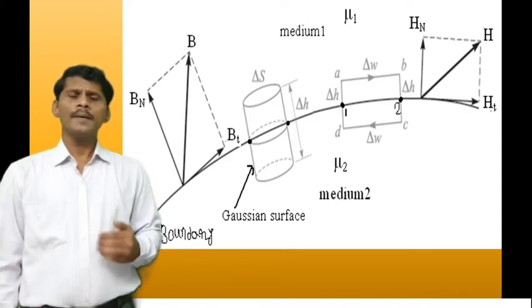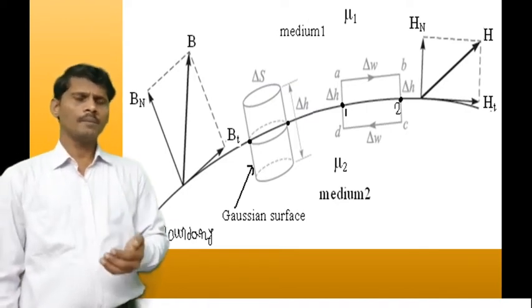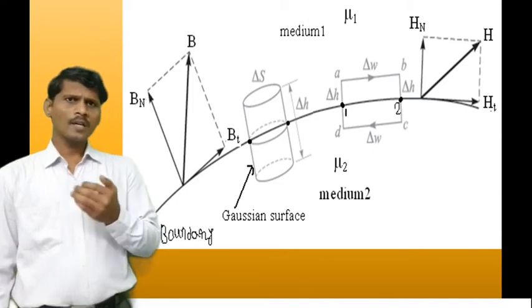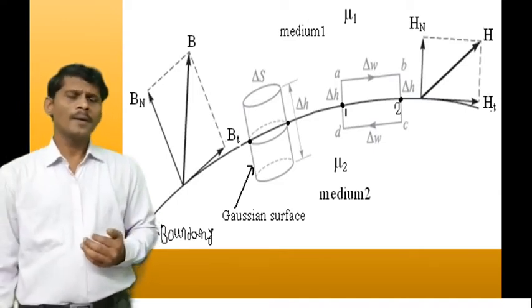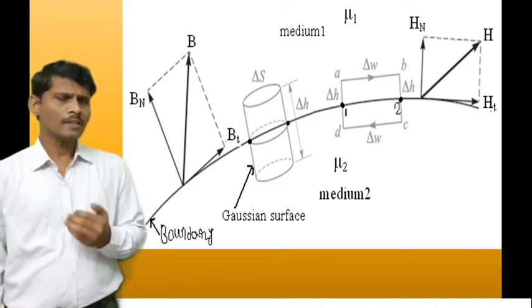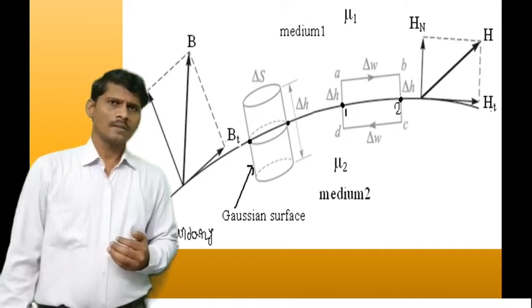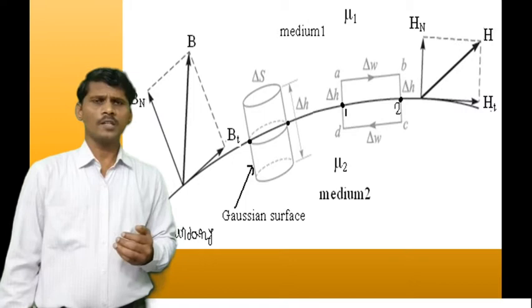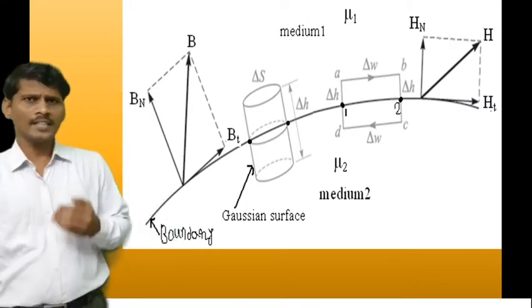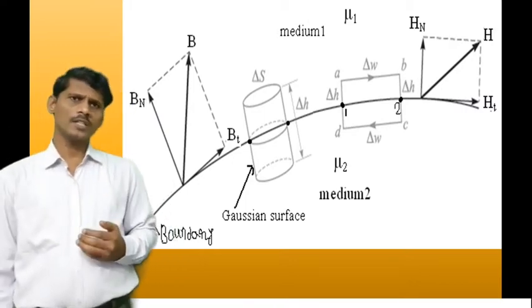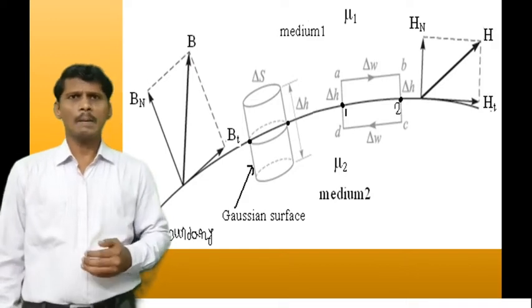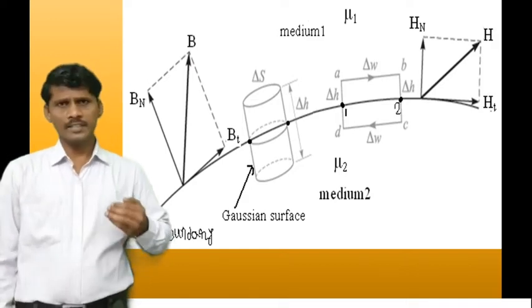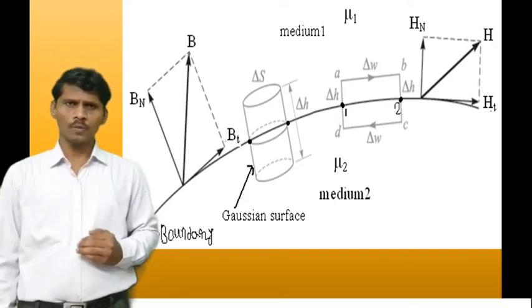And Bn1 is the normal component of the magnetic flux density in region 1, and Bn2 is the normal component of the magnetic flux density in region 2, or medium 2.